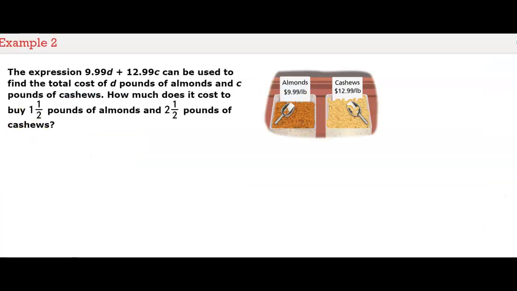The expression 9 99/100 times D plus 12 99/100 times C can be used to find the total cost of D pounds of almonds and C pounds of cashews. How much did it cost to buy 1 1/2 pounds of almonds and 2 1/2 pounds of cashews?